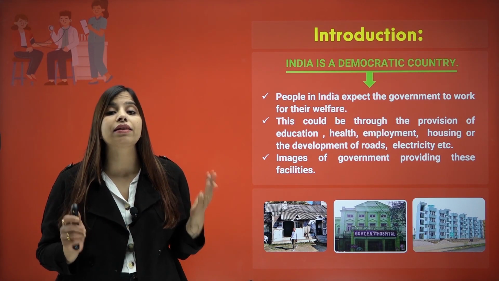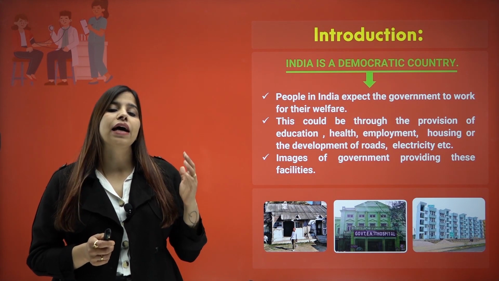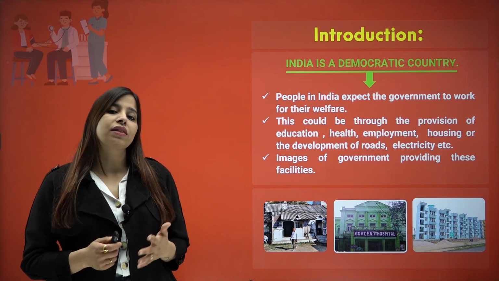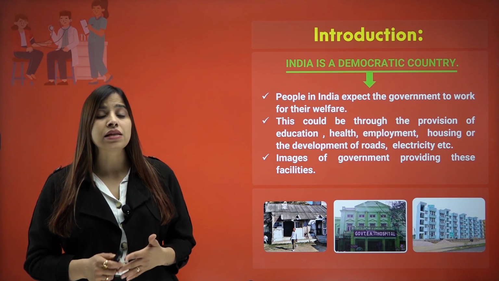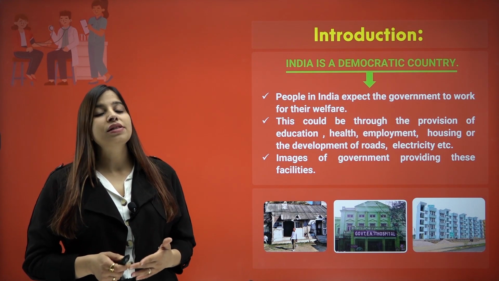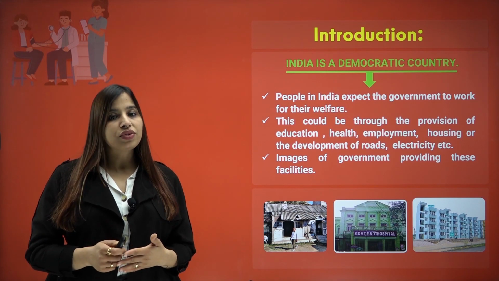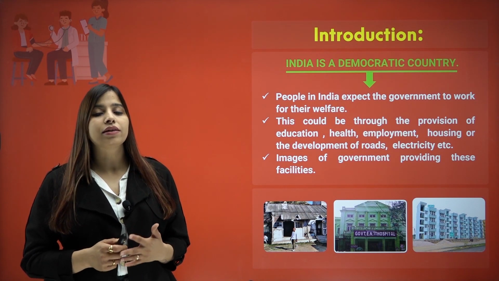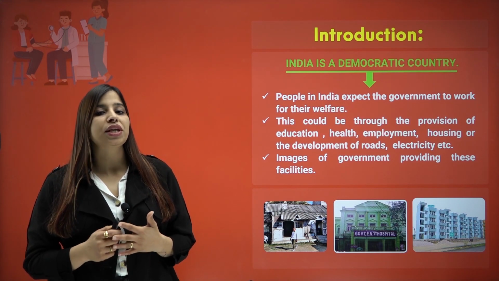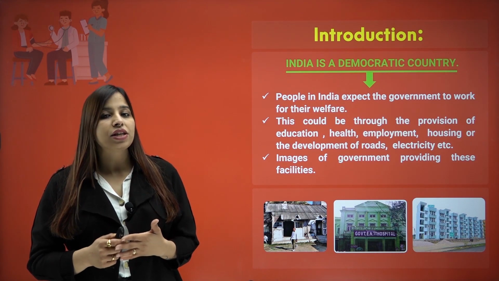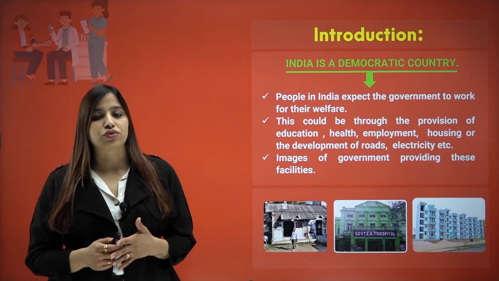There could be anything that bothers the people who live in that particular country, and that is why it is the job of the government, properly called the representatives whom we have selected, to ensure that all these basic facilities are provided to each and every citizen living in that country.